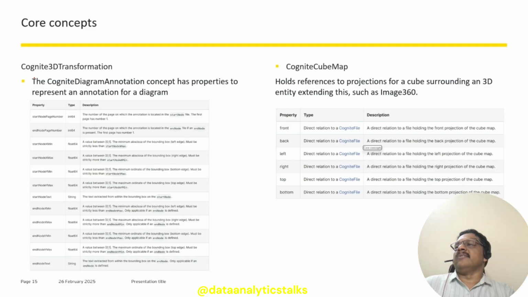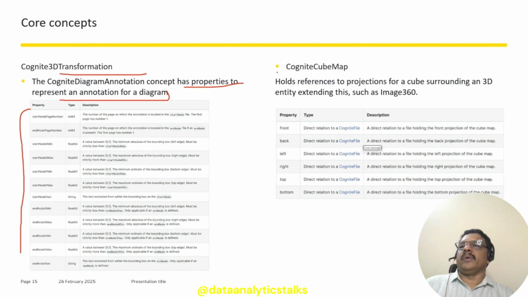So coming to 3D concepts, it has many 3D features, like the Cognite 3D transformation. Cognite cube map holds references to projections for a cube surrounding a 3D entity, extending this, such as the image 360.